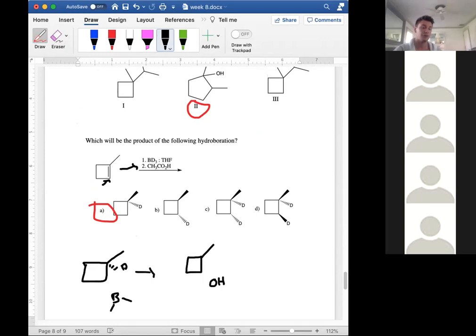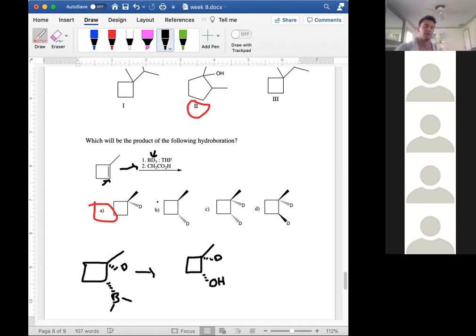In this case, your hydrogen is D. You're adding syn. Typically, this would be your product for hydroboration.